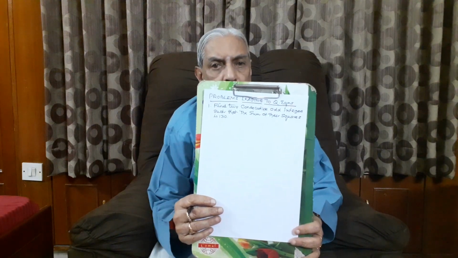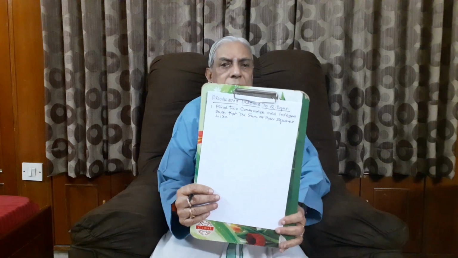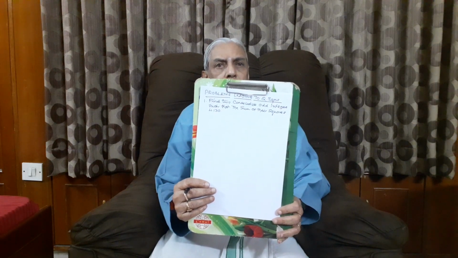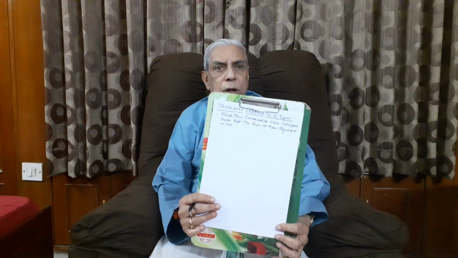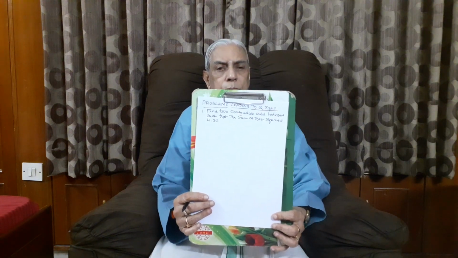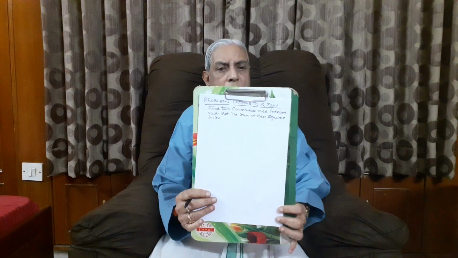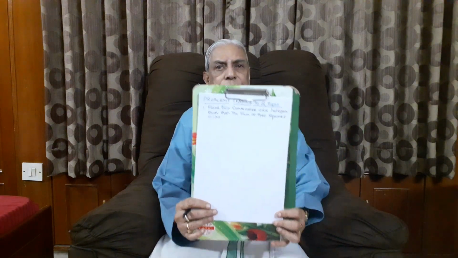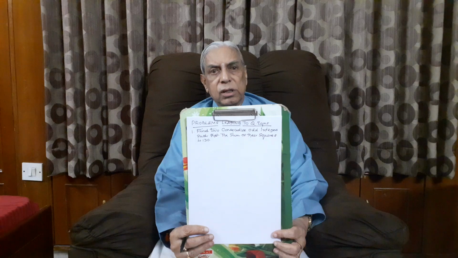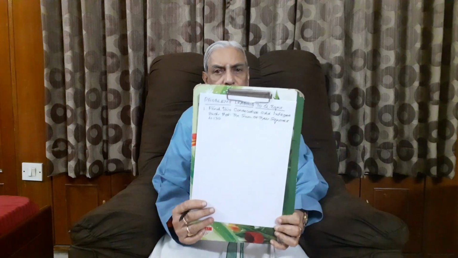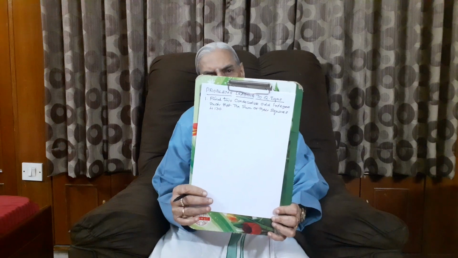Find two consecutive odd integers such that the sum of their squares is 130.